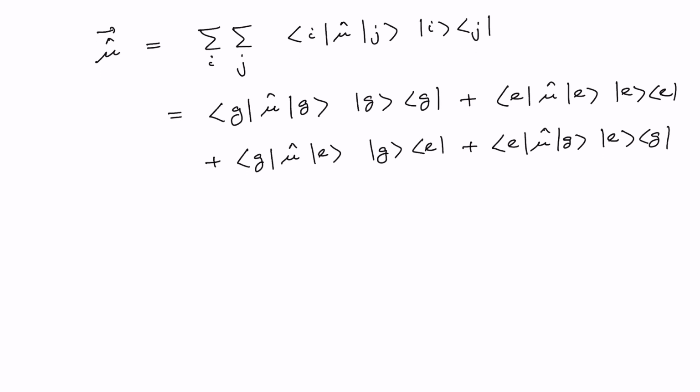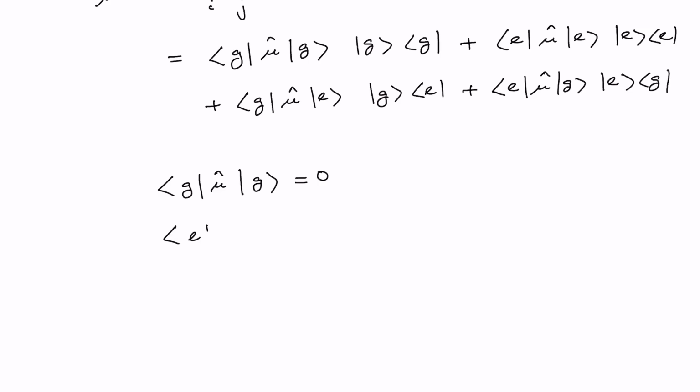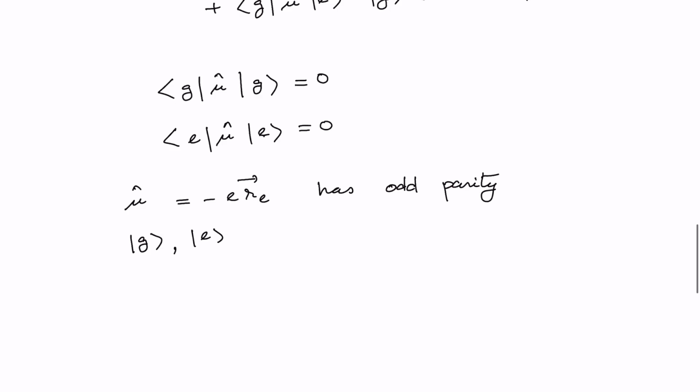However, you should note one thing: these matrix elements, say μ_gg, are equal to 0, and similarly this matrix element μ_ee is equal to 0, because |g⟩ and |e⟩ have a definite parity, and this dipole operator μ, which is −e R_e, has odd parity.